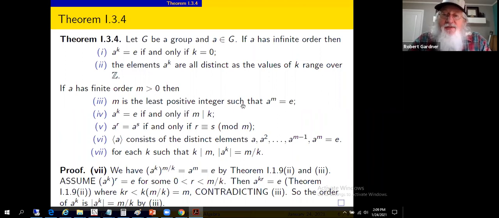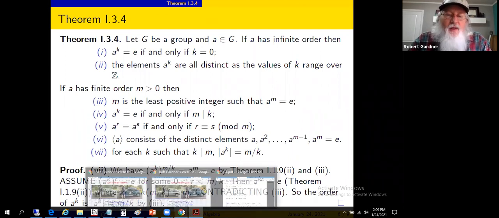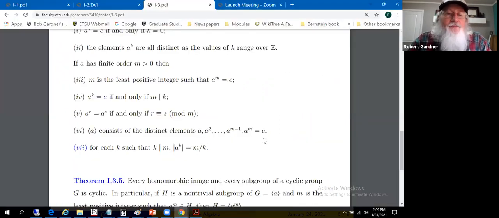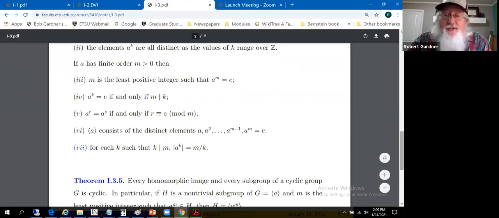M is the least positive integer such that A to the M equals the identity. So that contradicts there being a smaller positive value for which that works. Then the smallest value must be this M over K, and that must be the order of element A to the K by this part 3. Think integers mod M, and you're good to go for something a touch more intuitive.